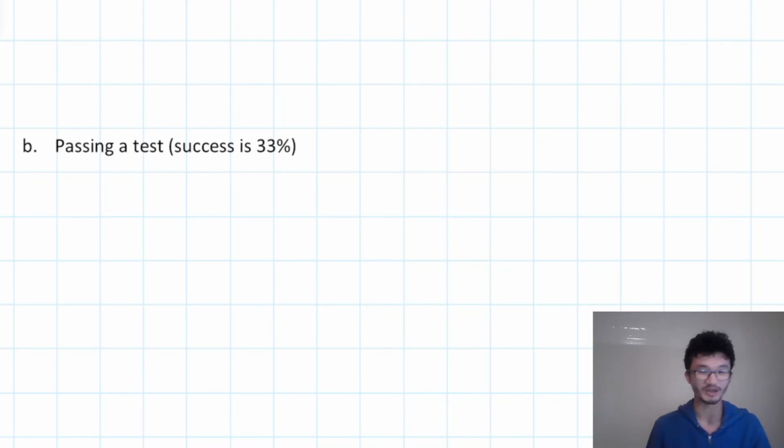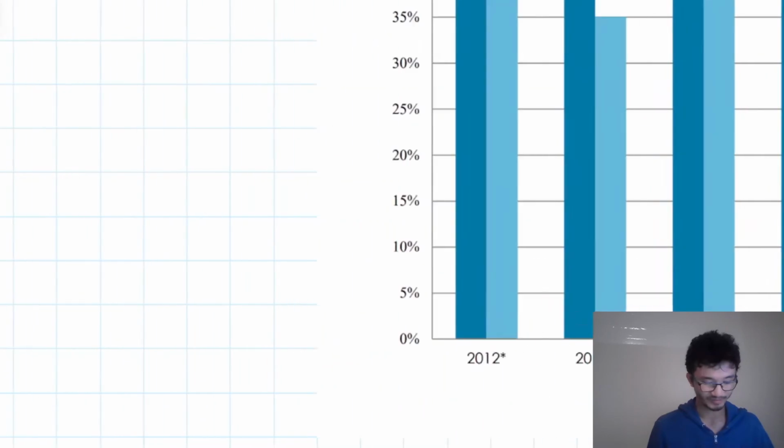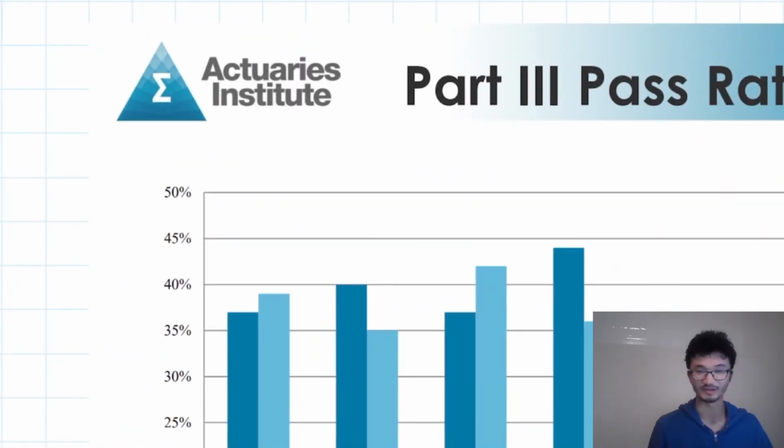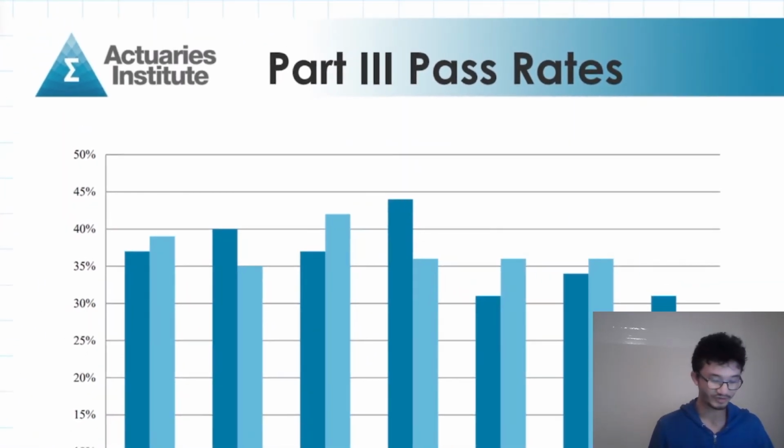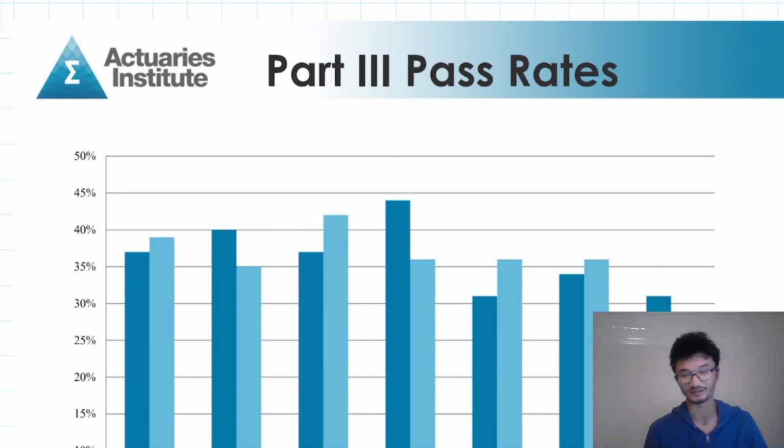Okay, what about this situation? Passing a test where the success is 33%. So what they mean is the success in passing, essentially. Which you may think seems a bit low. In actuality, this is based off, and I was talking to someone I know who is an actuary, a very prestigious job where they look at calculating risks, and it's quite technical, and so they need to pass these exams.